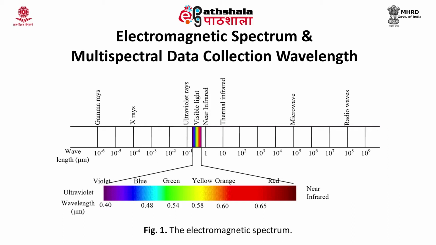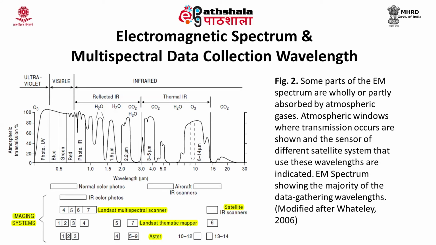You can see from violet to the near infrared range, and below it the wavelengths are given in microns. So, in remote sensing, in multispectral data, what do we use? We use the range from ultraviolet to thermal infrared.